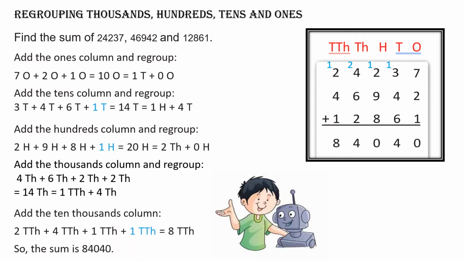And now add the 10,000s column, which is 2 10,000s plus 4 10,000s plus 1 10,000s and plus 1 10,000s, which equals 8 10,000s. So the sum is 84,040. Writing place values and proceeding period wise always helps.